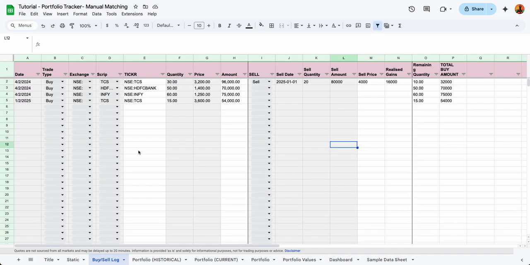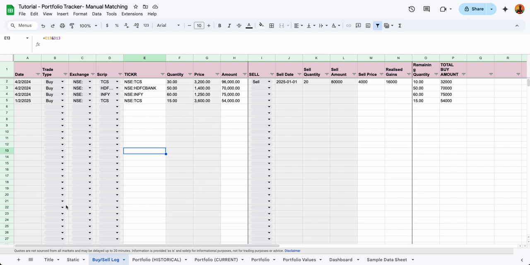First of all, you've got to input all your buy purchases as well as your sells. For this, I've created the buy sell log. The first columns in here track all the buy orders.